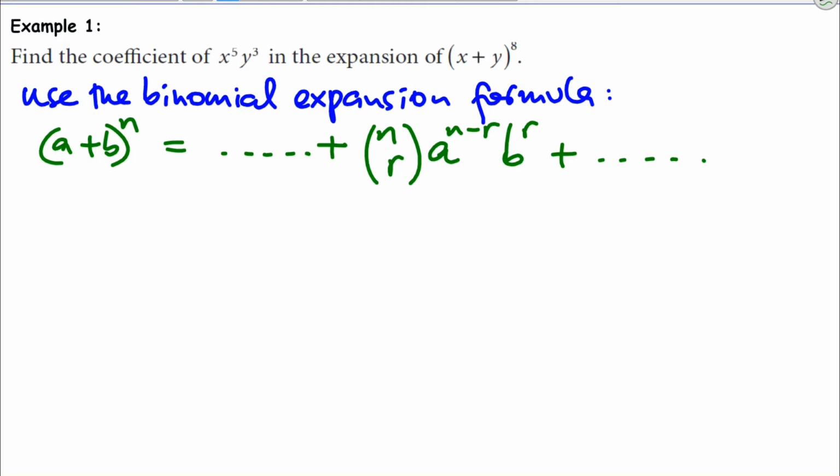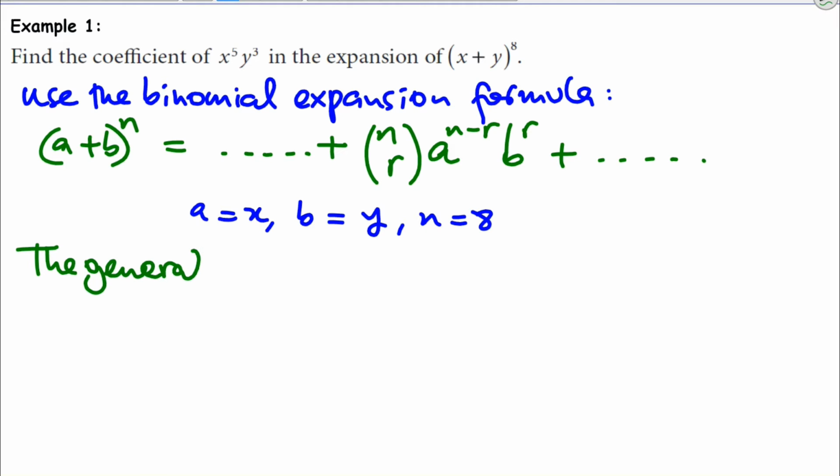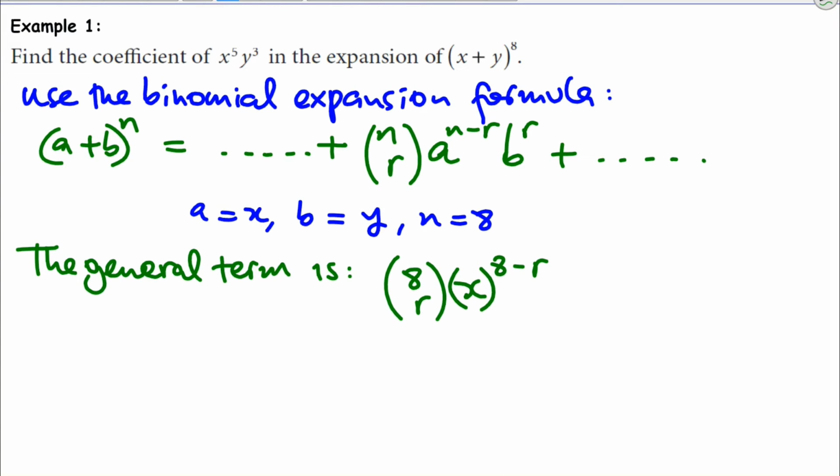In our question, a is equal to x, b is equal to y, and n is equal to 8, which means the general term is 8Cr x^(8-r) y^r.